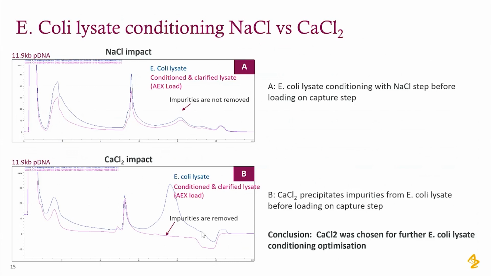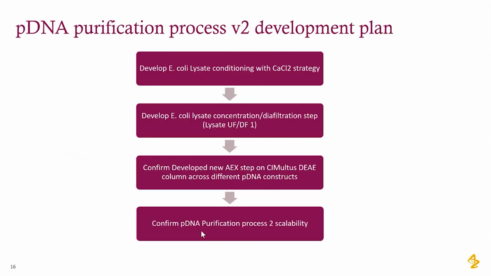And so after we decided that we will be going with the calcium chloride for the precipitation of impurities, we then made a plan that we will be developing first E. coli conditioning with calcium chloride strategy.